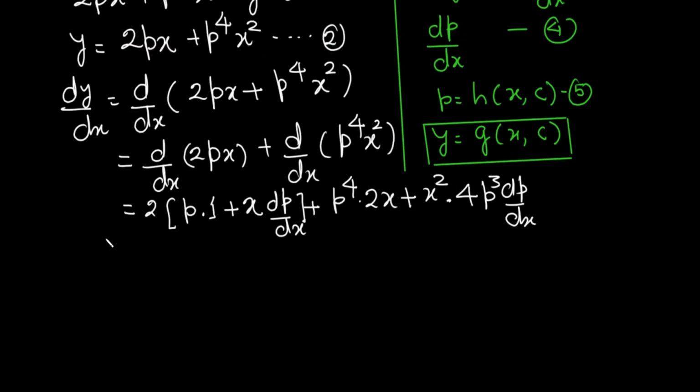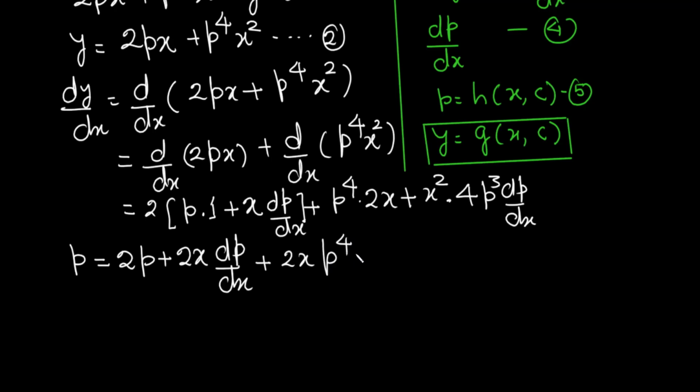Now we can write dy by dx as p. So the equation is p equals 2 of p plus 2x dp over dx plus 2x p raised to the power 4 plus 4x squared p cube dp by dx.